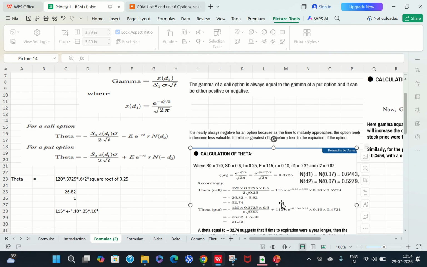So what is 0.10 into 0.25? 0.10 into 0.25, so 0.025. So e to the power of minus 0.025.